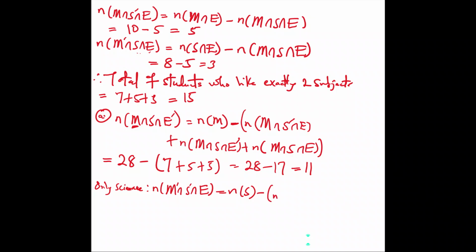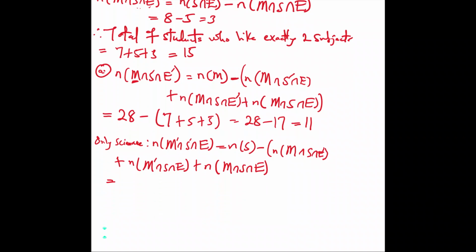So the number of students who like science minus the addition of the number of students who like only maths and science, plus number of students who like only science and English, plus the number of students who like all three. Sorry.